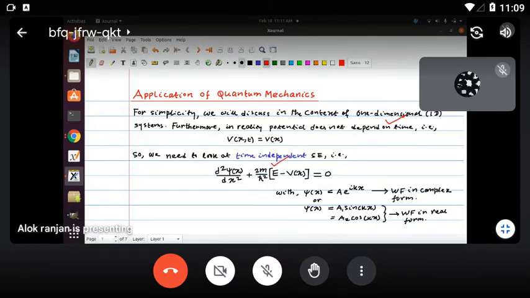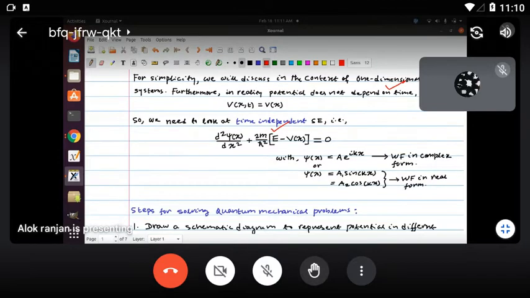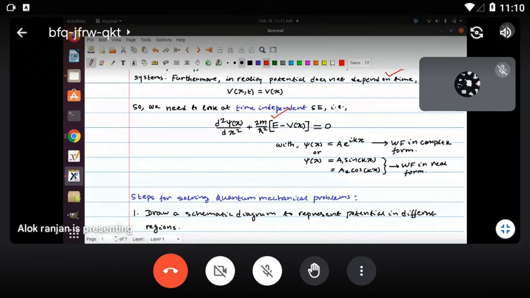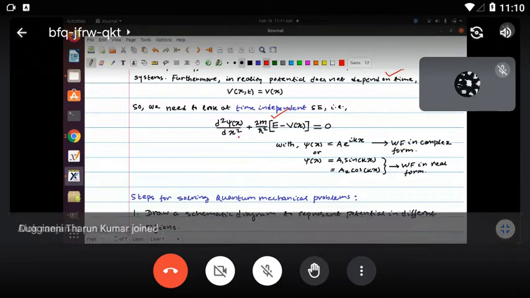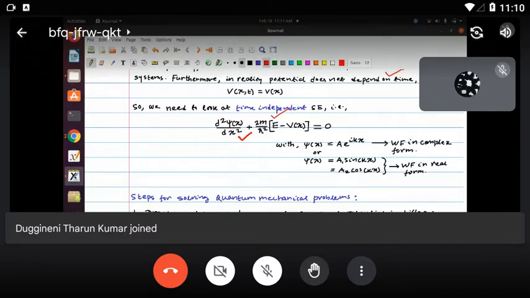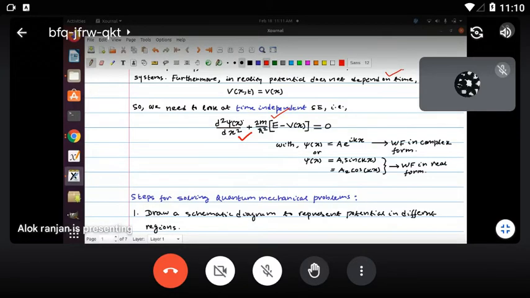So in one dimension, this is the time-independent Schrodinger equation, psi x. Do remember this psi x is the total wave function that describes the quantum system or quantum particle, E is the energy associated with the particle, and V is the potential. Now we'll solve it and we'll get that the quantum system must have discrete allowed energy levels.